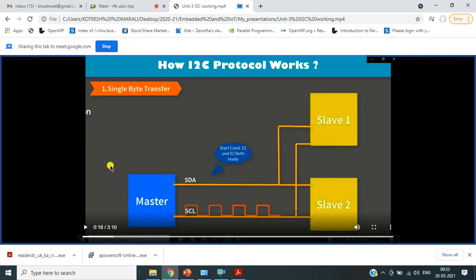Here it is. It has sent the signal logic 1 and logic 0. By default, both will be logic 1, because if both are logic 1, it indicates that none of the data is getting transferred.